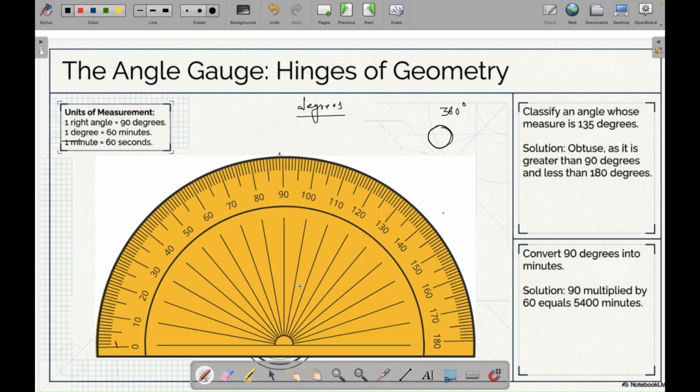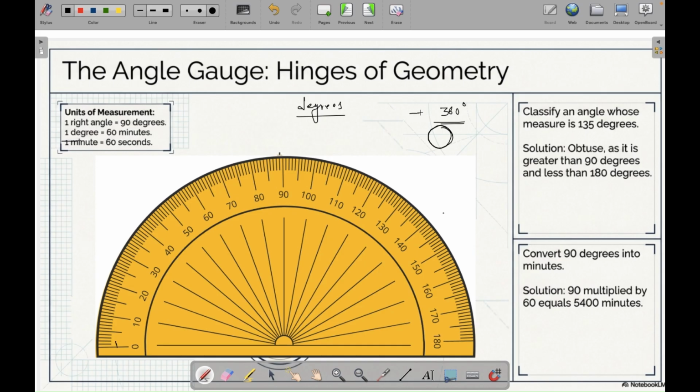Say Earth is revolving around the sun. If it makes a complete revolution, then it covers an angle of 360 degrees, right?